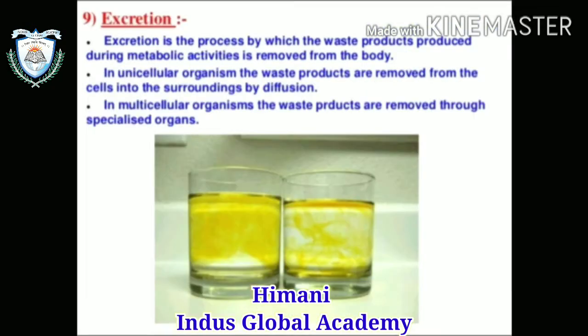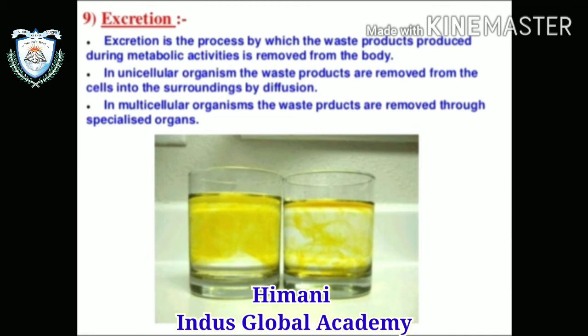Now excretion. Excretion is the process by which waste products produced during metabolic activity are removed from the body, or you can say excretion is the process of removal of waste from the human body. There are different types of organisms with different processes of excretion.